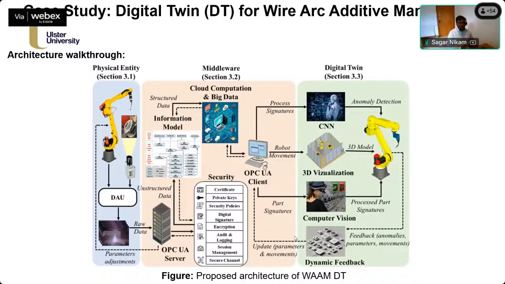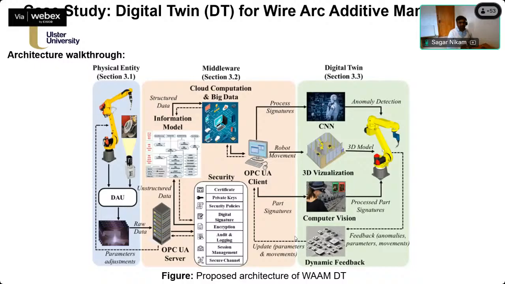As I said before, when we are talking about data storage, wherever there is internet or Wi-Fi, there is a high possibility of a security threat. So we need to ensure that our data is properly encrypted and has proper certification storage, and only certified persons or security people can access that data. That has to be included in the middleware. And the final part is the digital twin, which, as I said before, is the replica of your physical entity.